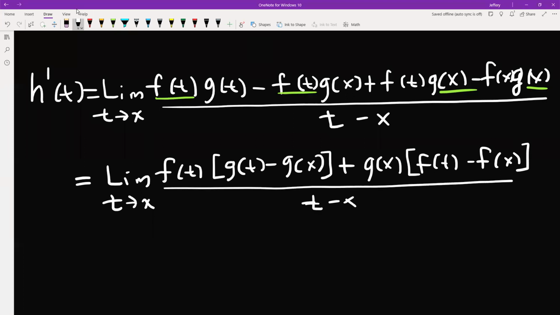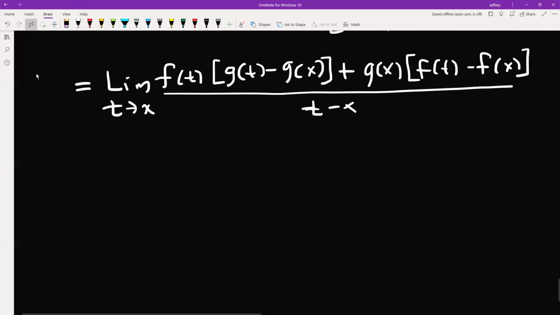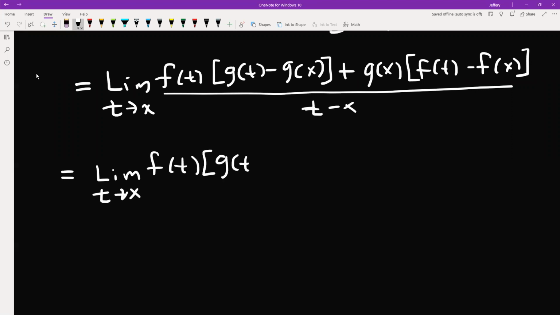Okay. So now, what is the next step? Well, we're still going to use limit properties. What I'm going to do is split this into 2, kind of like distributing the limit in a sense. And I'm going to do it several times. I'm just going to be maybe overly detailed.